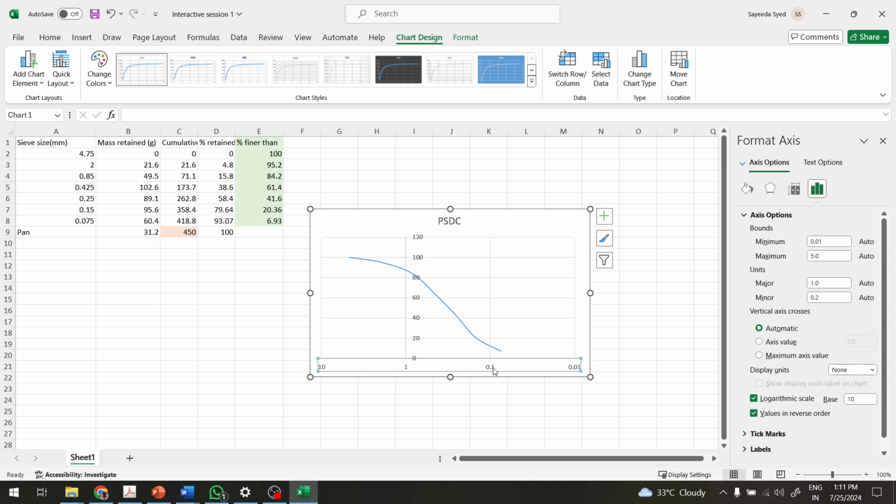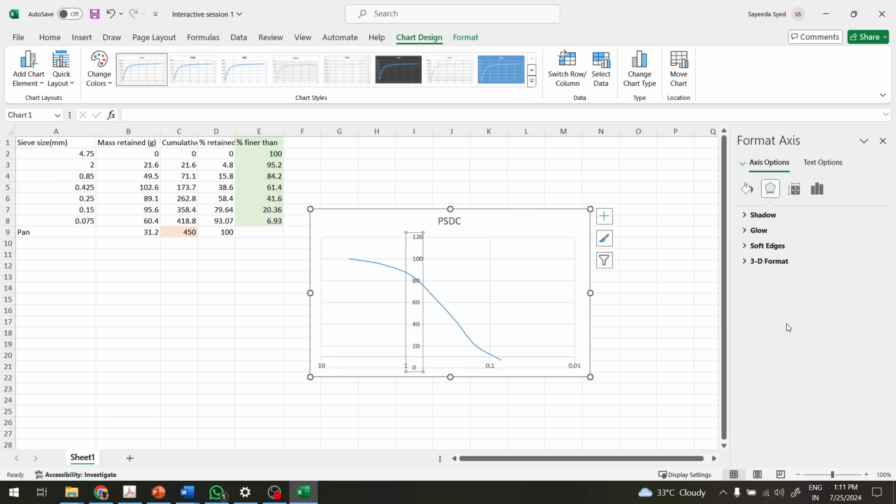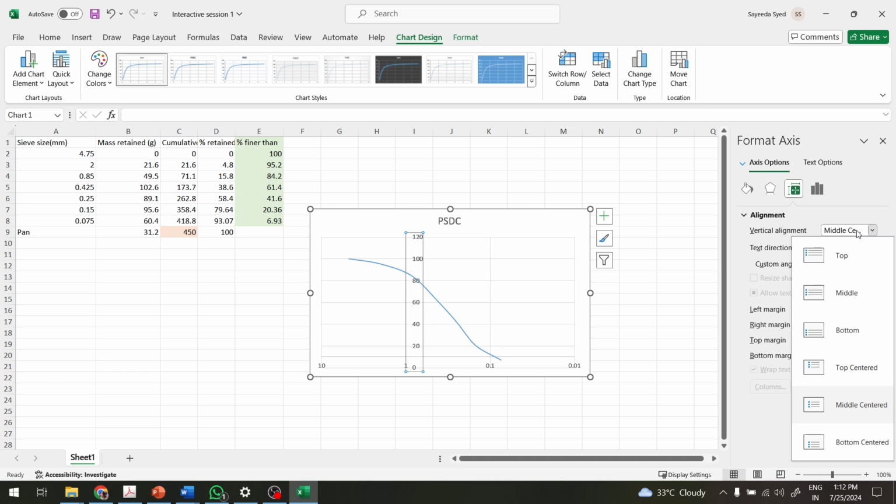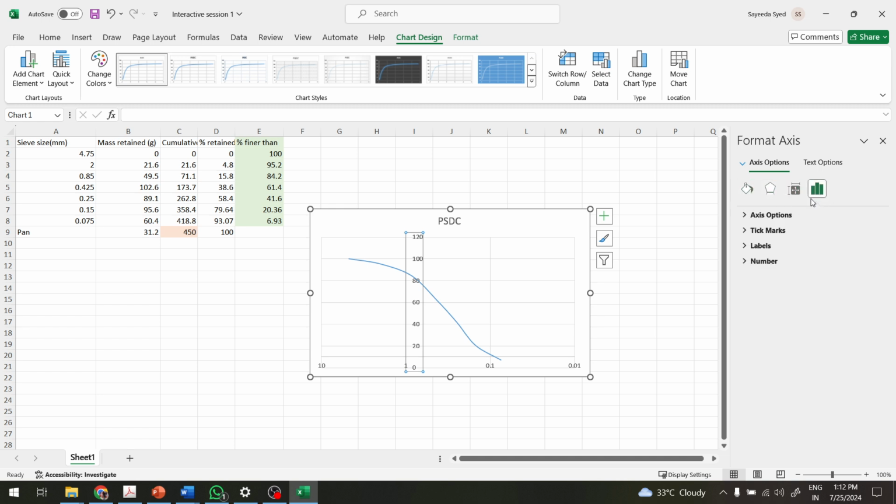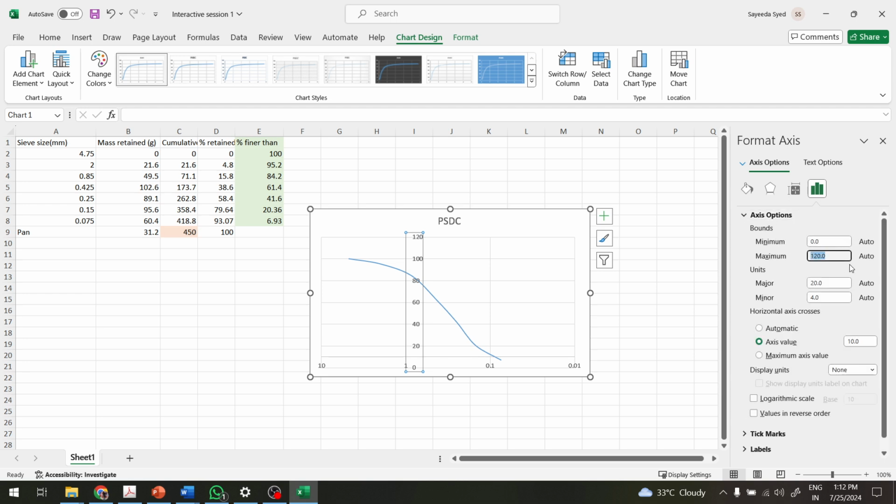Should go to 10. It has to go to only 100.